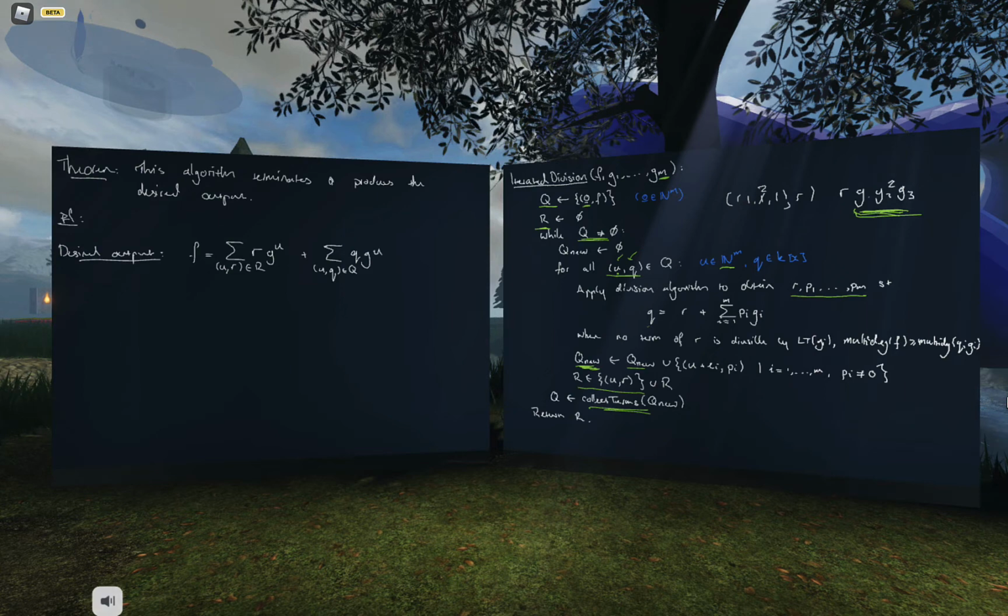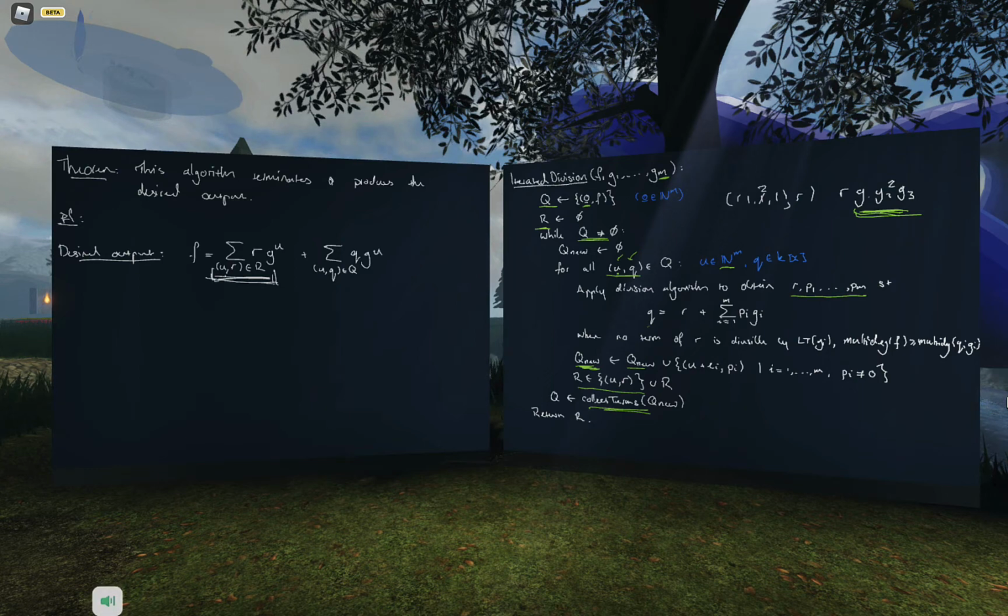You can show, and I think intuitively it makes sense, that this expression is true at every single stage that the algorithm is running. Then we note that if the algorithm terminates, it terminates when Q is empty. So we have just this component.